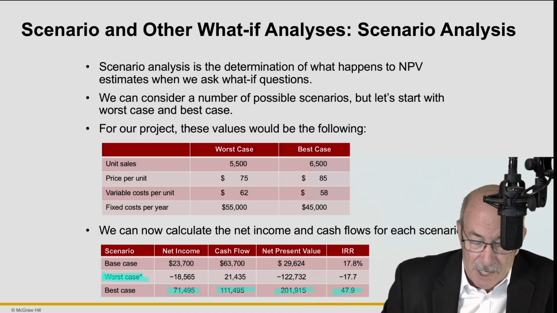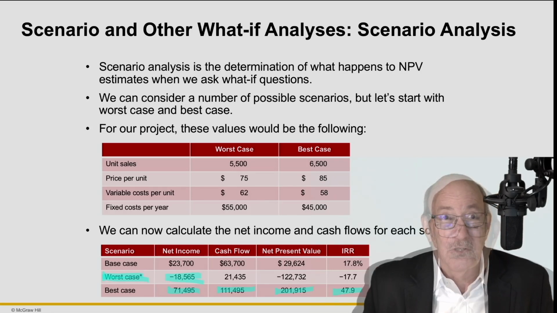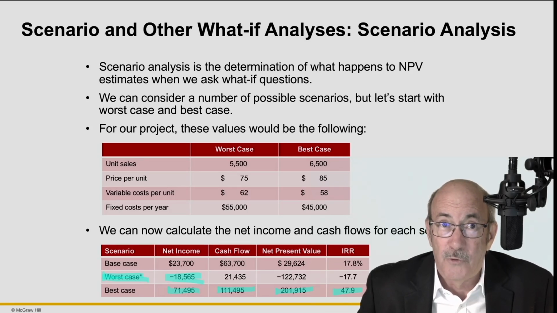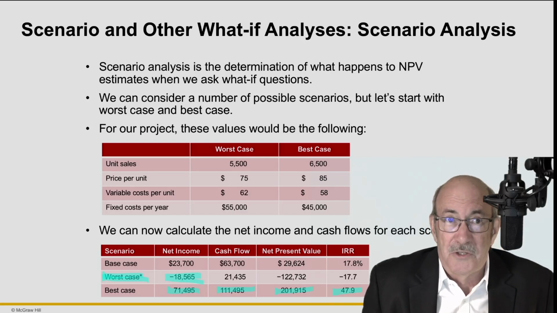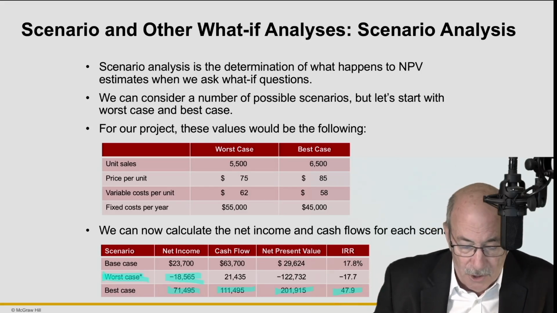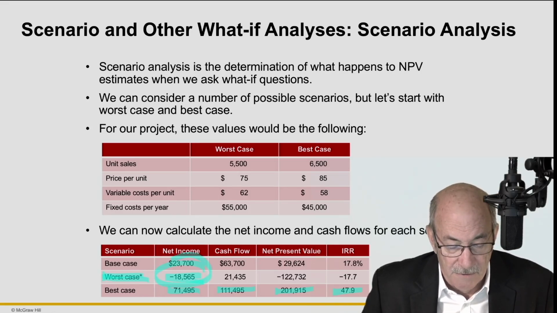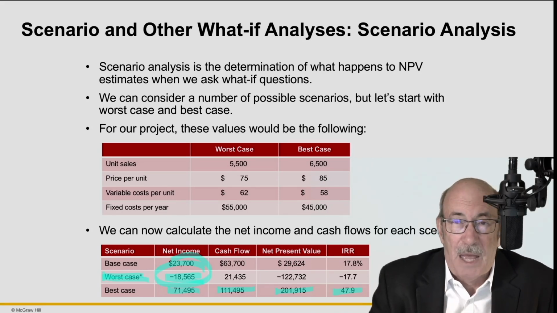If you actually did this calculation and just assumed zero taxes, you would end up with an EBIT of negative $23,500, and zero taxes means your net income is negative $23,500. So why is it that they're showing negative $18,565 as net income? That's because they assume that money is coming back to us.